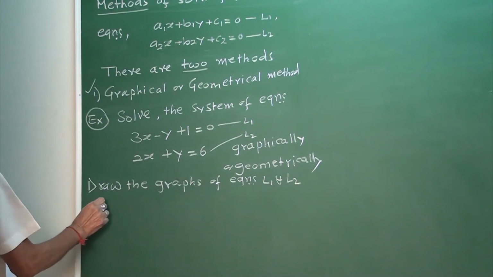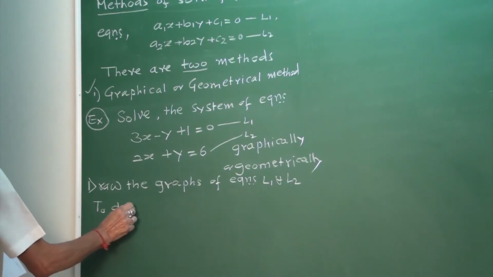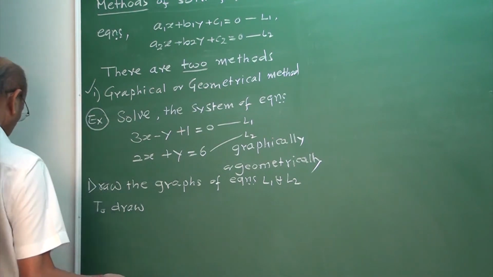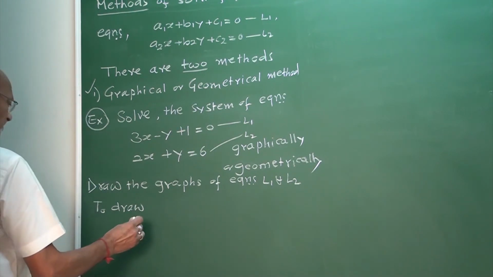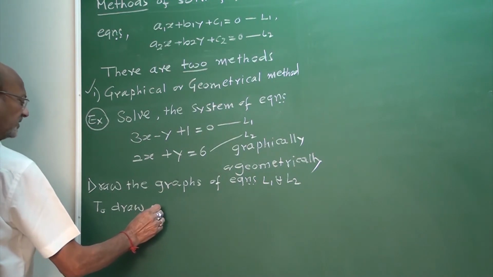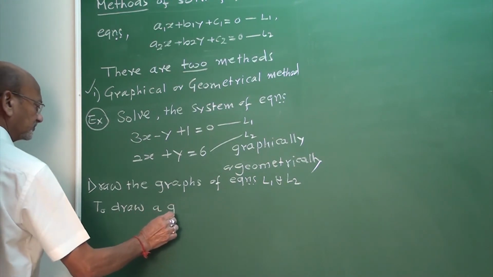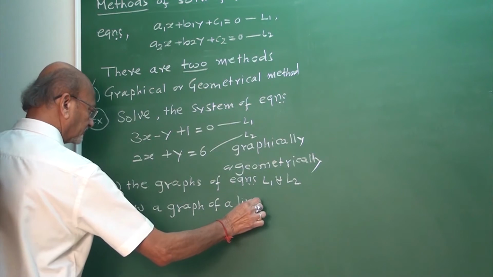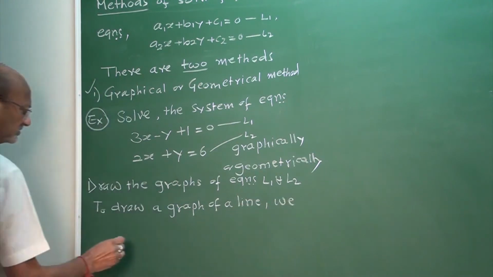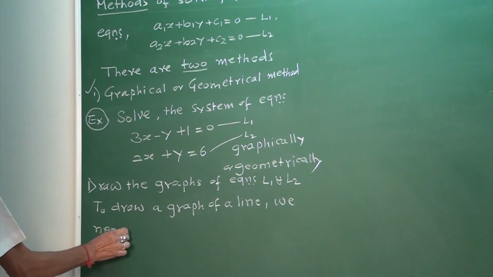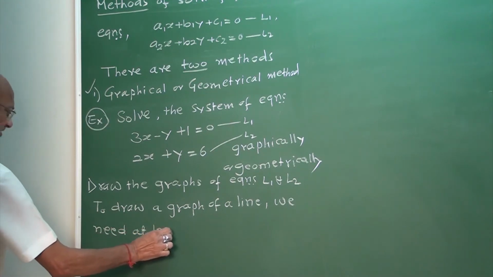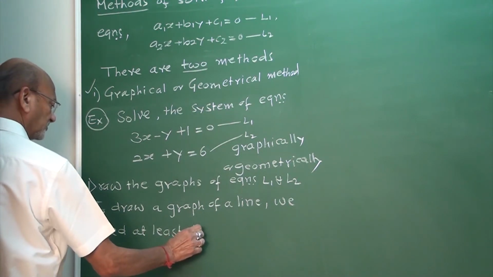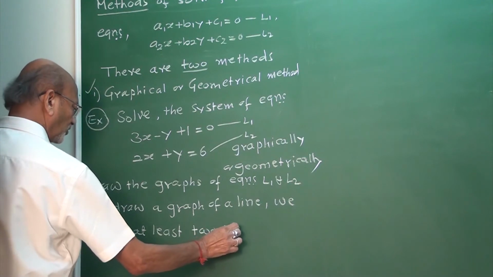And you know, to draw a graph of a line, we need at least 2 points, meaning more than 2 points.